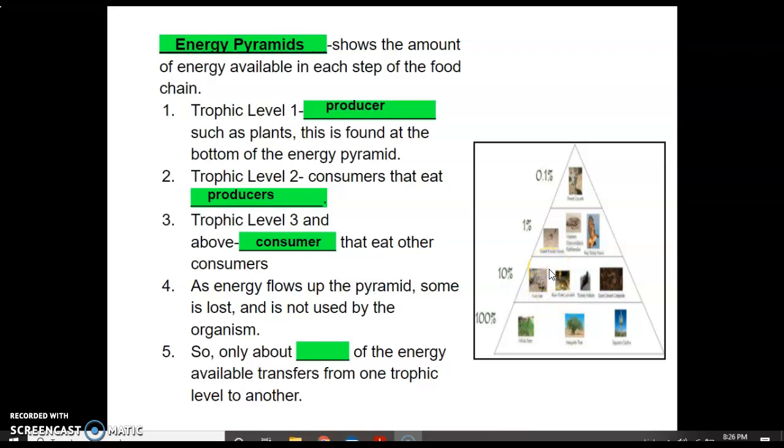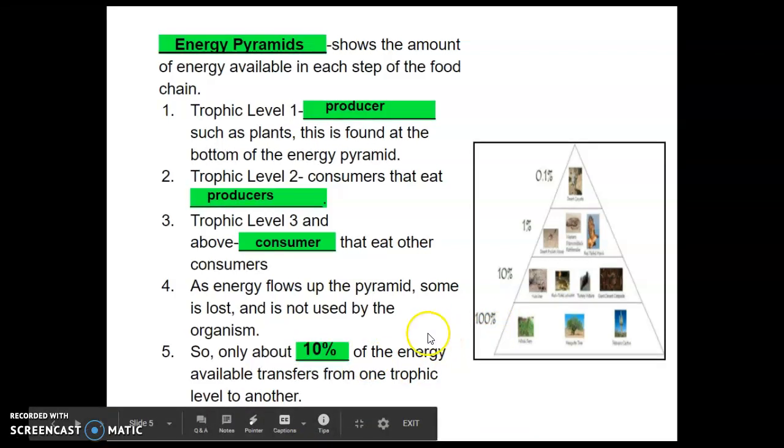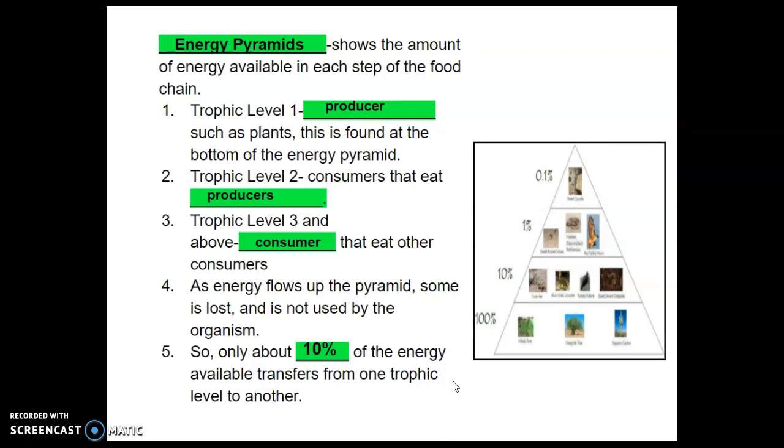And then 10% of this makes it to this level. And 10% of that makes it to the top level. So only about 10% of the energy available transfers from one trophic level to another.